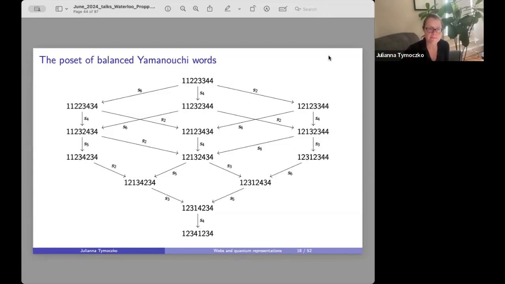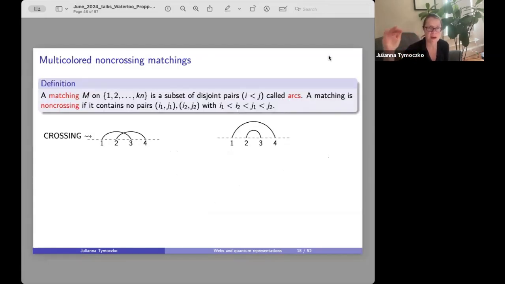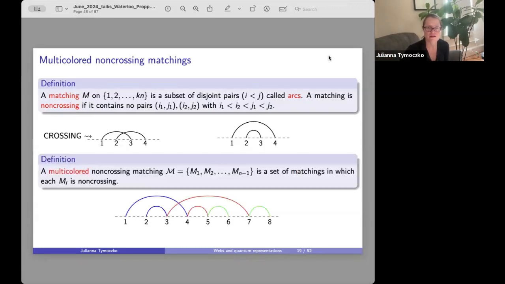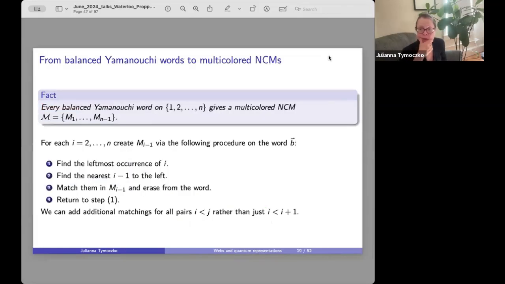Okay, so back to our multicolored non-crossing matchings. For historical and bad slide reasons, sorry, I started drawing my arcs above the border instead of below. So back to our matchings, we can actually construct multicolored non-crossing matchings from balanced Yamanouchi words.